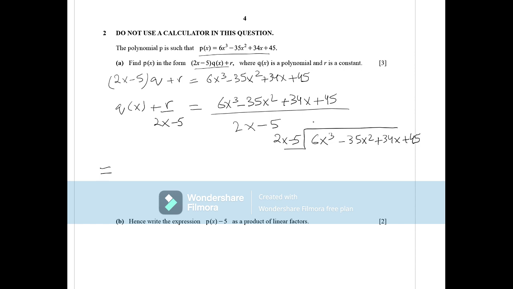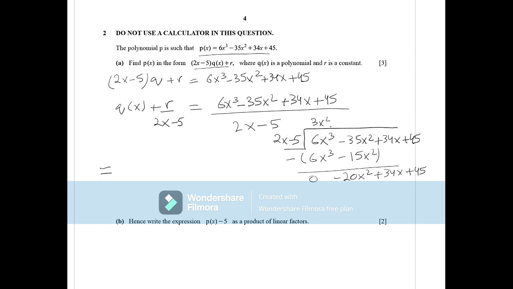We need a 6x cubed, so 3x squared will do the job. 6x cubed minus 15x squared, we get 0. Minus 35 plus 15 is minus 20x squared plus 34x plus 45.